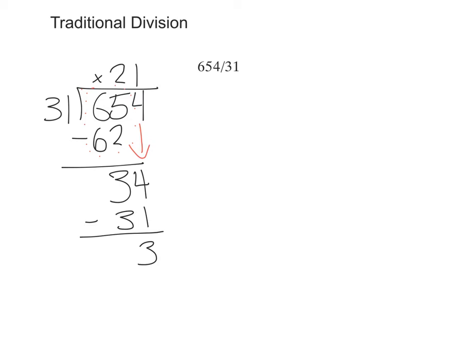And we want to make sure that our number down here is less than the divisor, which it is. And in that case, that's representing our remainder. If we had more digits over here, then we would need to continue the same repeated process. So in this case, our answer is 21 and 3/31.